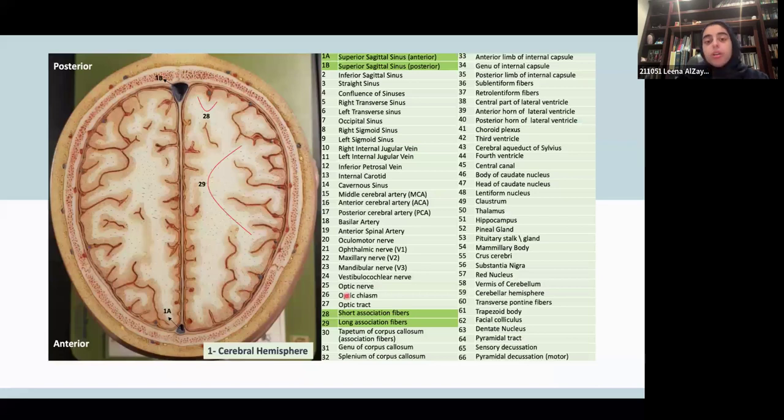Okay, so now we're going to talk about a few of the cross sections. So we talked about this before. First, we have the superior sagittal sinus and we have the inferior sagittal sinus. Then we have short association and long association fibers, which we talked about before.